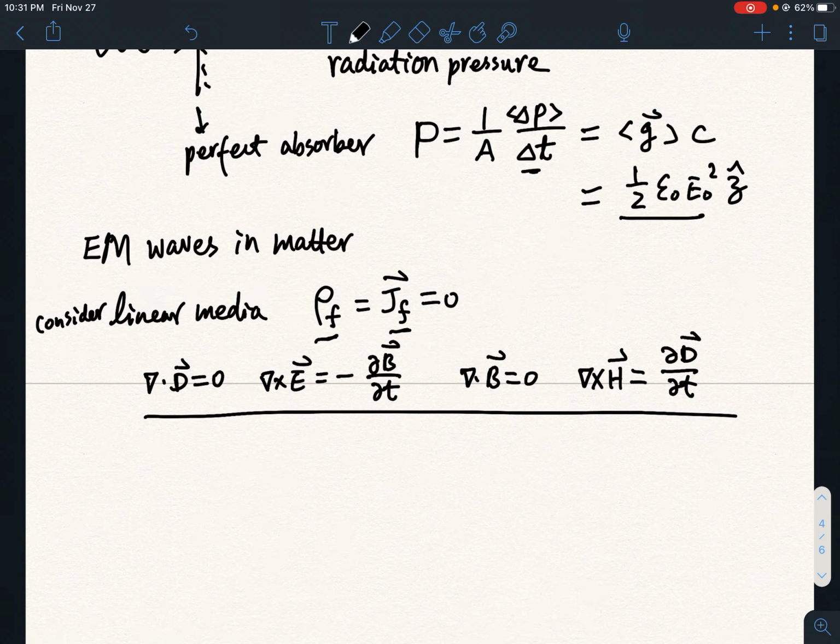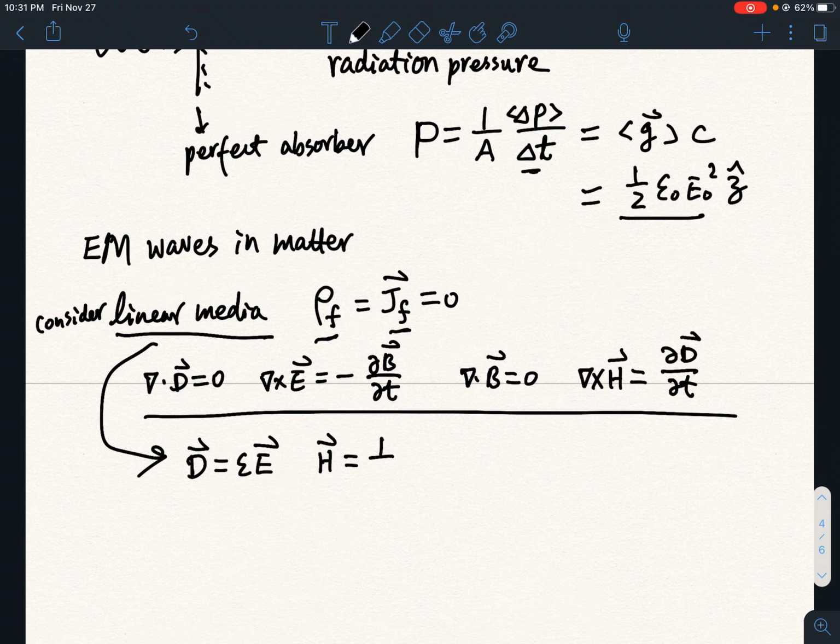Now let us consider a linear media. A linear media is just D proportional to E, and H also proportional to B, so that we get rid of D and H, and only have equations with E and B. We also assume this is homogeneous, which means mu and epsilon do not vary; they are constant inside the material.